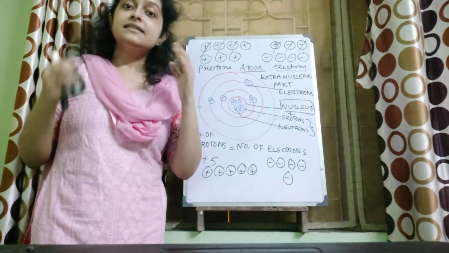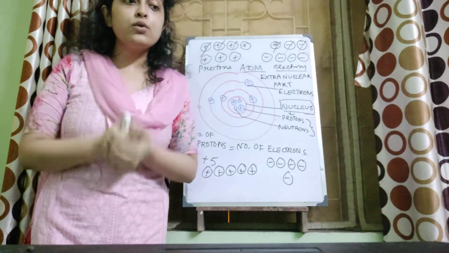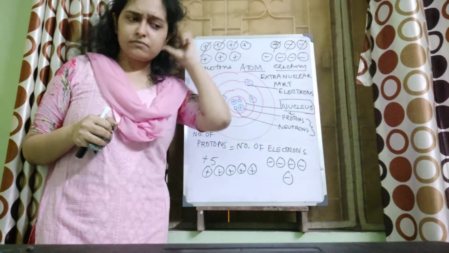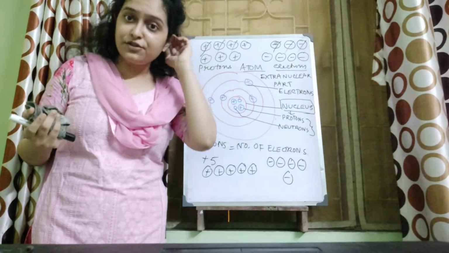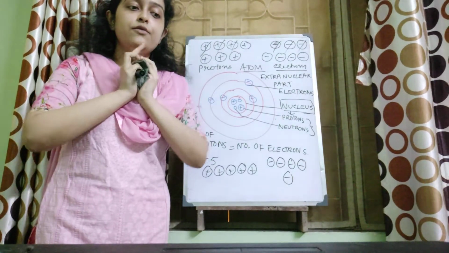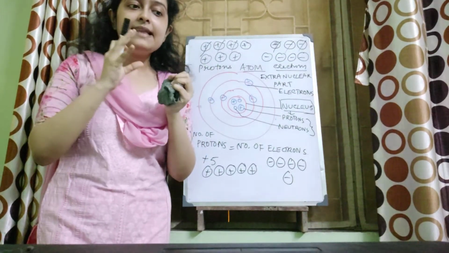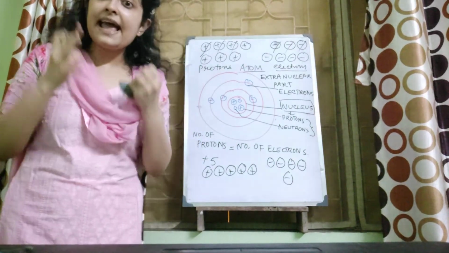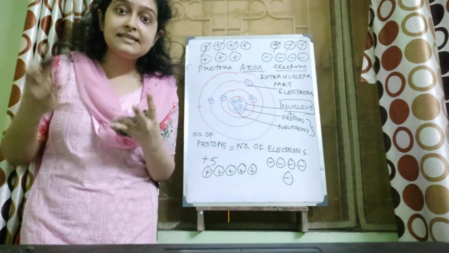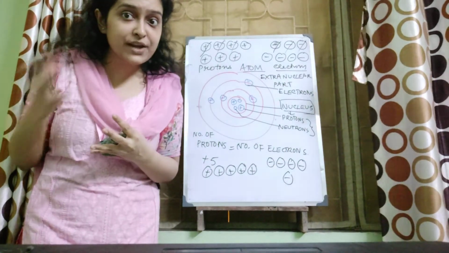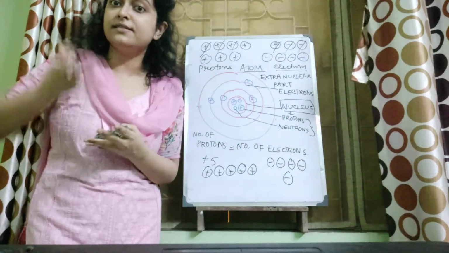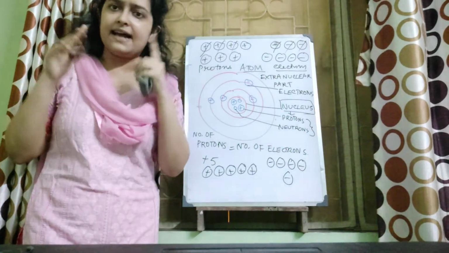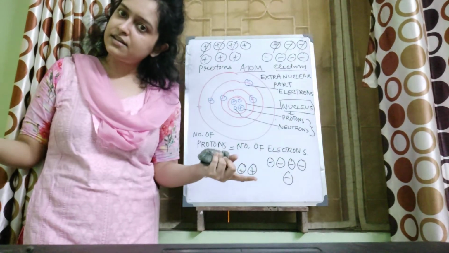That's why sometimes you will notice that, suppose if you, I don't know whether you have done in chemistry or not, but when there is an excess of electrons, that means excess of what type of charge? Negative or positive? Negative, because electrons carry negative charge. Excess of electrons means atom will now become negatively charged.